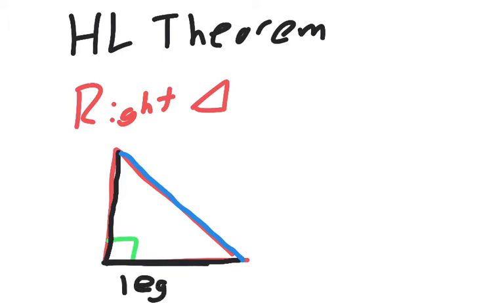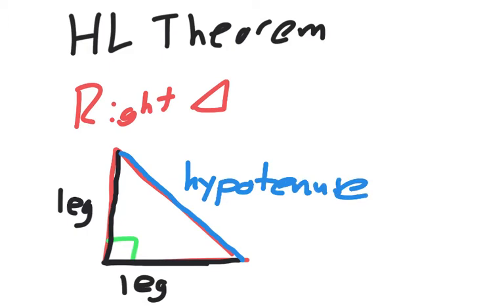So this would be a leg, and this would be a leg. Every right triangle has two legs. They're the two that are touching the right angle. And then the side that is opposite the right angle, this is called the hypotenuse. It's the one that's not touching the right angle.